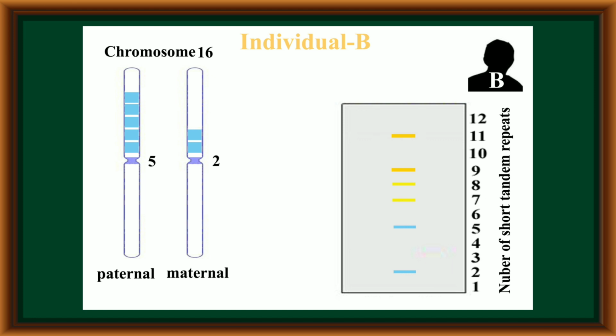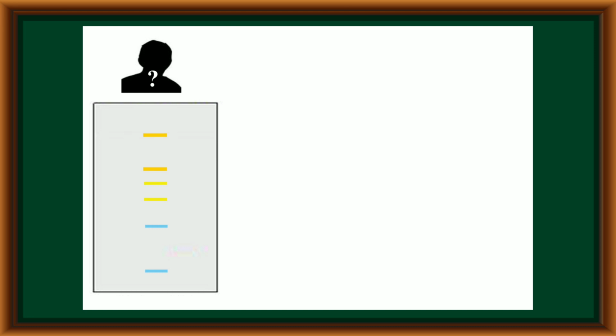In this way, the individual B autoradiogram in DNA fingerprinting forms these unique bands. So let us compare the autoradiogram of the unknown person with individual A and individual B. Already we have one autoradiogram picture in DNA fingerprinting from the unknown person with characteristic features.